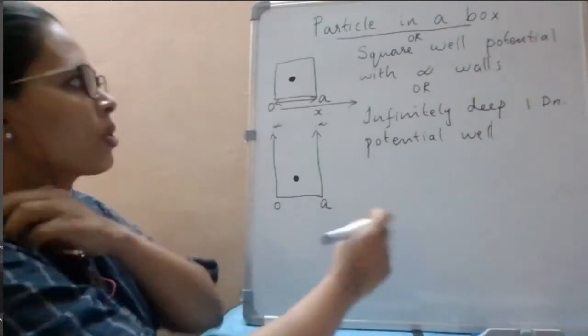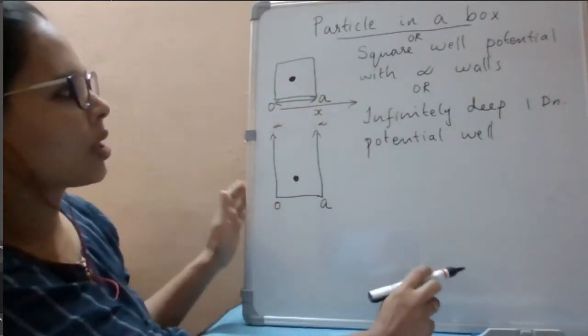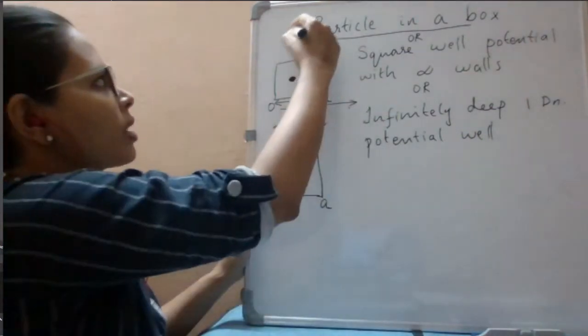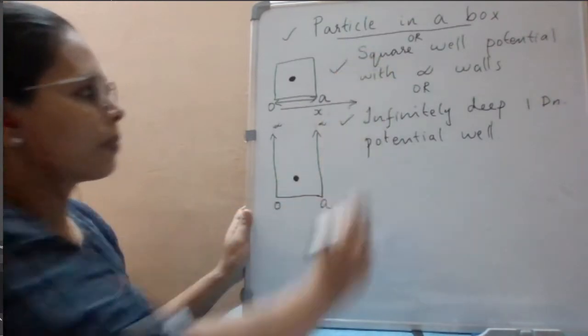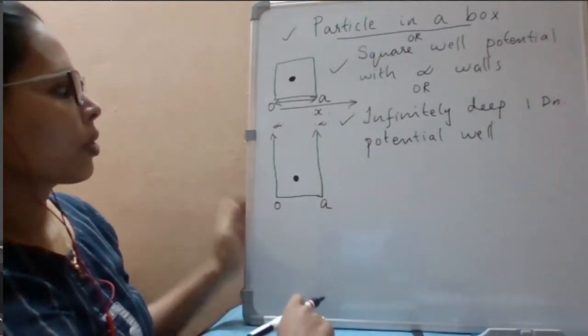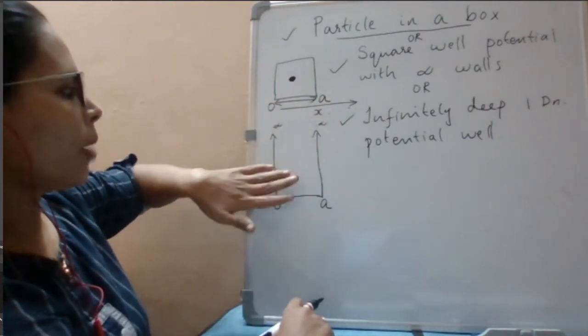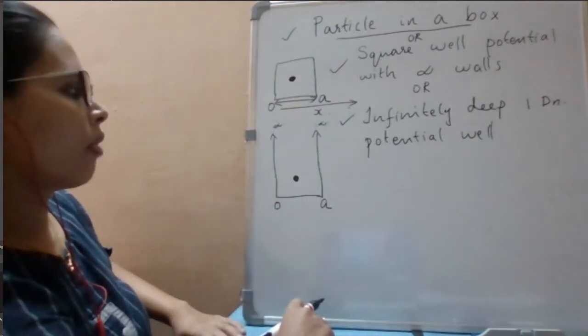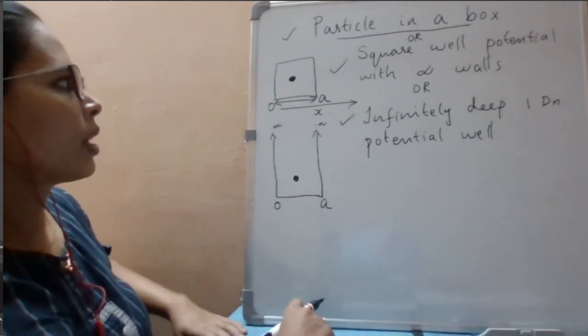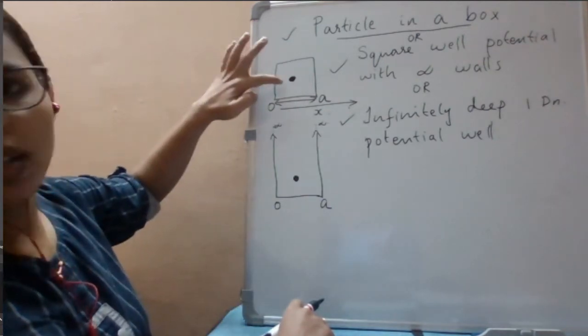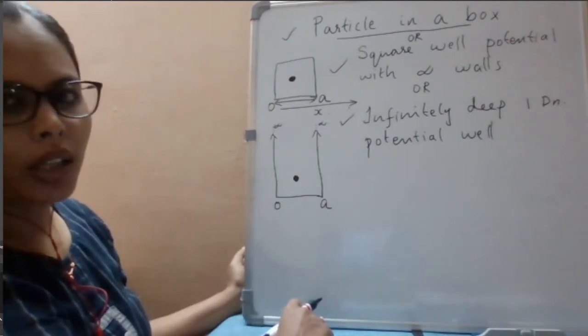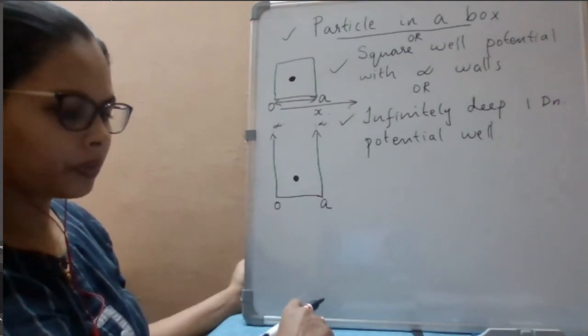If you come across all these three different situations, you should understand that all are the same. Because if the wall is too high, the particle may not be able to come out of the well. That gives the same situation as that of the particle confined in a box.